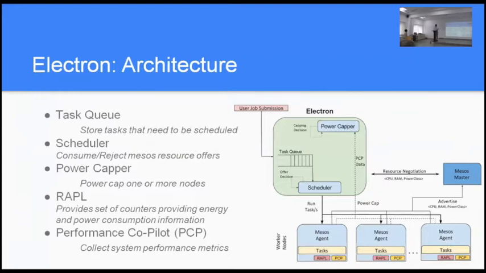So what we do is we use what's called RAPL counters. This works only with Intel technology. With Intel processors, it gives us very detailed information on how much power is being used. I think we poll it every 1 second. And Performance Copilot is, I think, open source. What it tells us is the usage metrics.